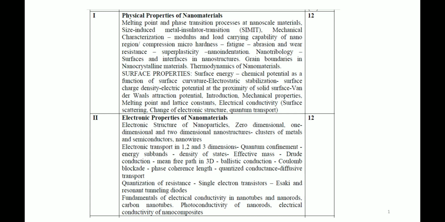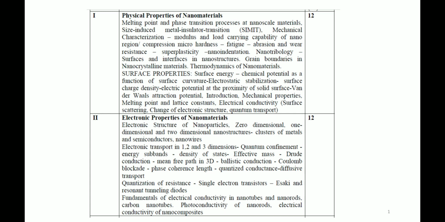Quantum confinement, energy subbands, density of states. A very important aspect, which is going to explain why there is a change in the band gap of the material due to quantum confinement, is the change in the density of states.